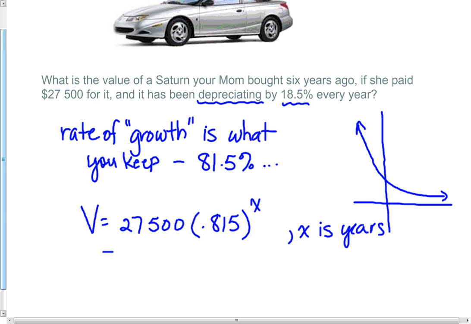We are left with, it's going to be sad for us Saturn owners, it is only worth $8,058.95 when I look at it in 6 years.